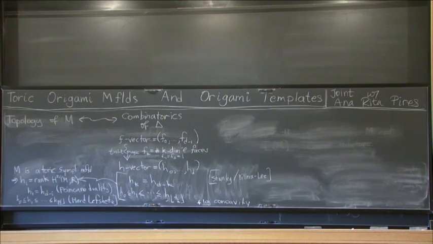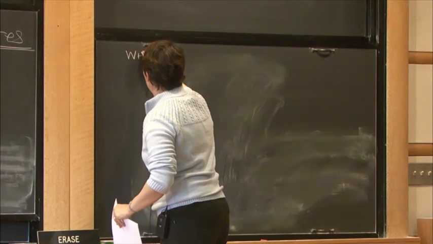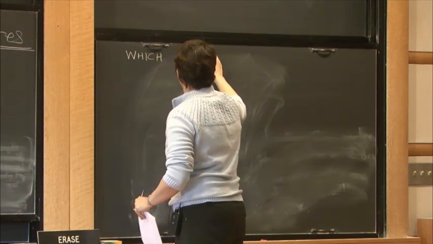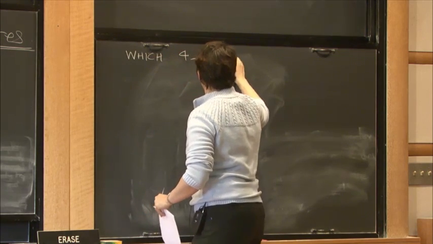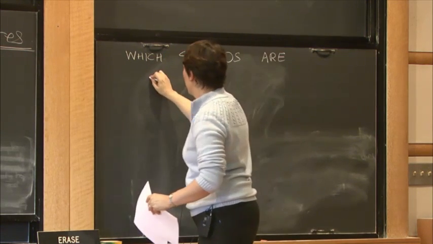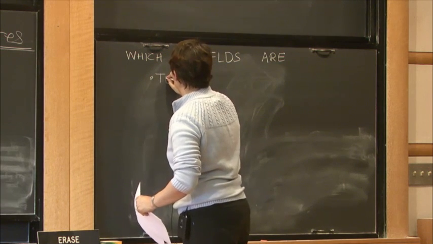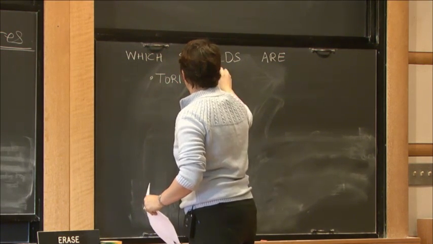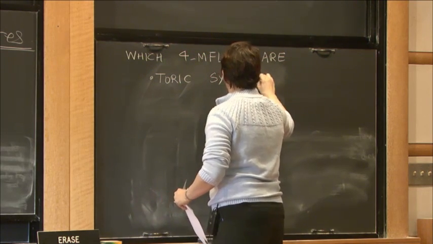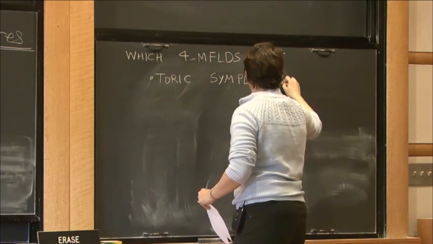The 4 manifolds that fit into the toric framework: we could ask which 4 manifolds are toric symplectic. I think this is what Ana and Doran were just talking about.